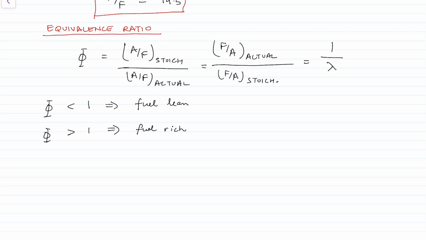Fuel lean means you have excess air and less fuel, and because you have excess air, the exhaust contains oxygen because not all the air was used.